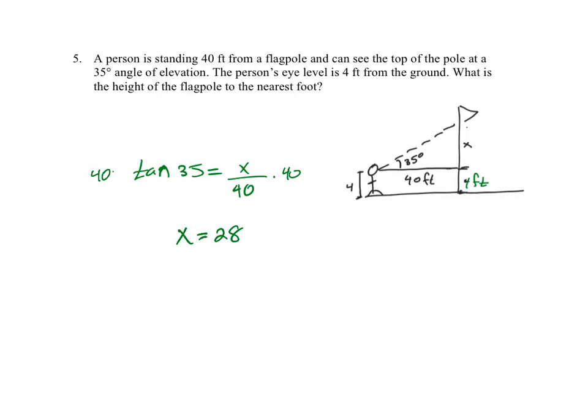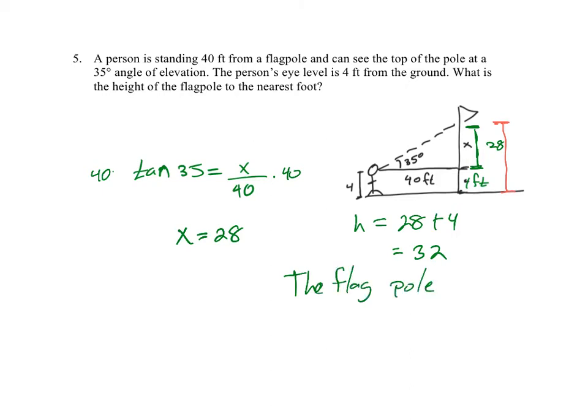So that means that from this point on, this is 28. But I want to find the whole height, from here to the ground. So my height is 28 plus 4. So that means that the flagpole has a height of 32 feet.